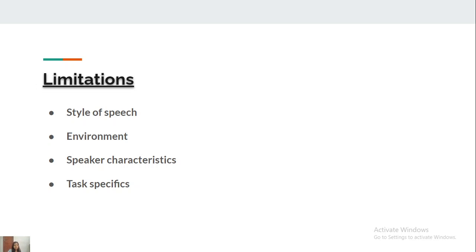So, building a speech recognition system is quite difficult because it faces several sources of variabilities. And the first one is style of speech. Just the style of speech can have a lot to do with the performance of ASR system. Rather than continuous speech, isolated words are much easier for automatic speech recognition systems.